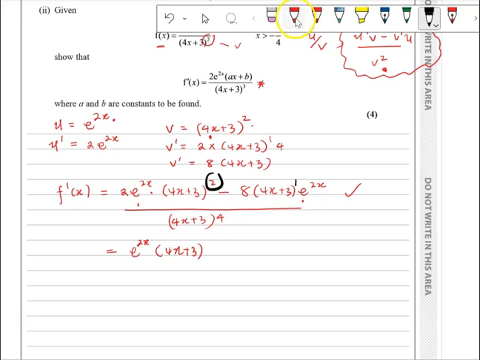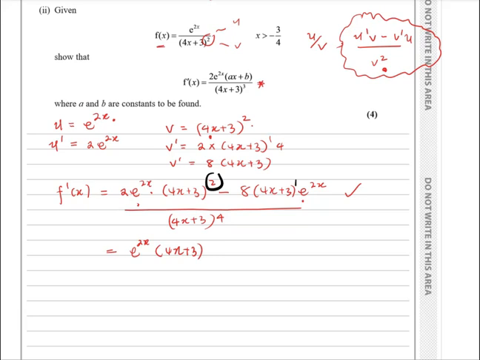So I'll put the smallest power outside, a power of 1. Then what you have here, the power of 2, you still have 4x plus 3, but at the same time you didn't put the 2 outside, so the 2 remains over there. Minus 8, like that.